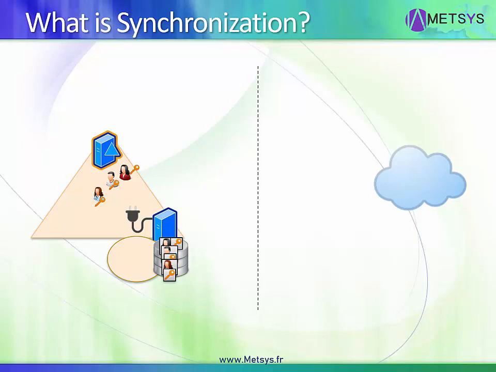But for the moment, you need to keep in mind that the users from the on-premise environment will get synchronized to the connector space, and once they are in the connector space, they will get synchronized to the Metaverse. And once they're in the Metaverse, the users again need to be synchronized to Azure Active Directory. But they will not simply synchronize from the Metaverse to Azure.